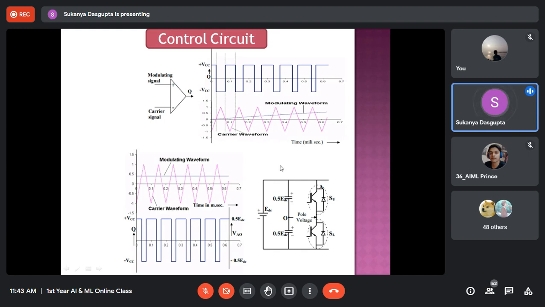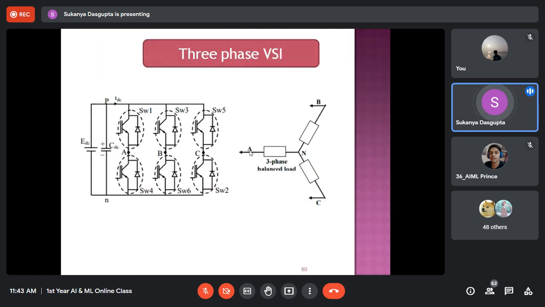Okay, now if we compare, three different control pulses, the gating pulses will be generated, and those gating signals will be supplied to the top switches of the three limbs, right? They are marked as 1, 3, 5.